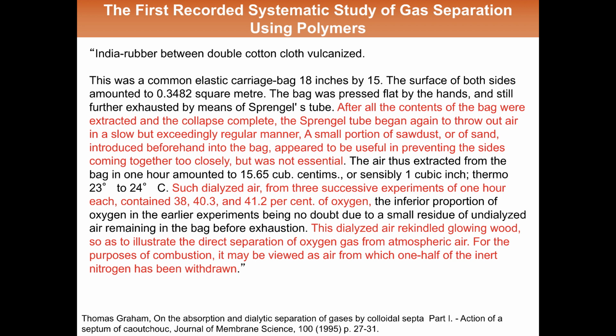And Graham was observing this phenomenon. That is, he put the interior of his bag under vacuum and had air outside at 1 atmosphere, which would bring about permeation of air gases across the wall of that bag. The oxygen would be more permeable than nitrogen, and so the gas mixture that forms inside that bag would be rich in oxygen, almost a factor of 2 higher than in air.